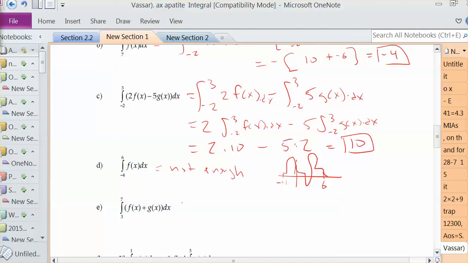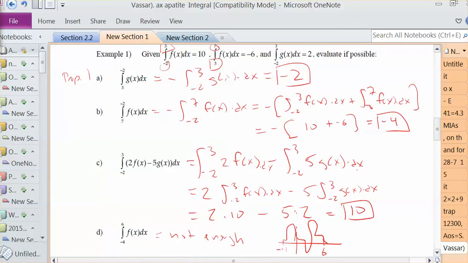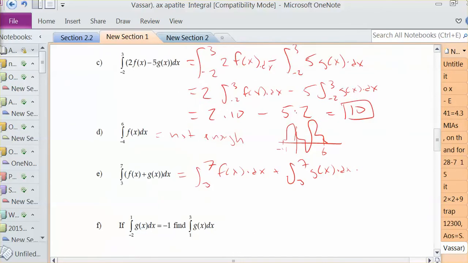Okay, here, again, I could separate. So 3 to 7, f of x times dx, plus 3 to 7, g of x times dx. And I do know the first one, it's given to us, it's -6.